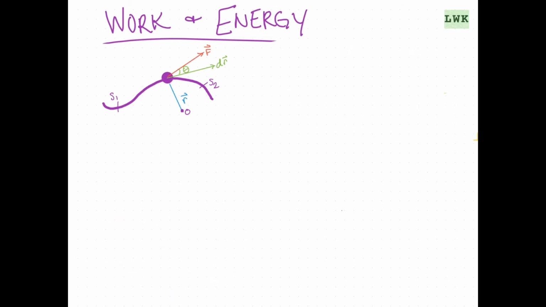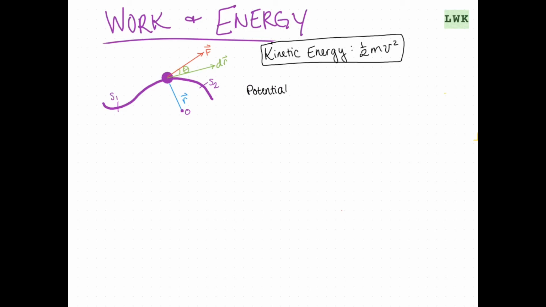So our kinetic energy, we know, is going to be equal to 1/2 mv squared. So there's our kinetic energy. Our potential energy is the energy that an object has based on its displacement or position.